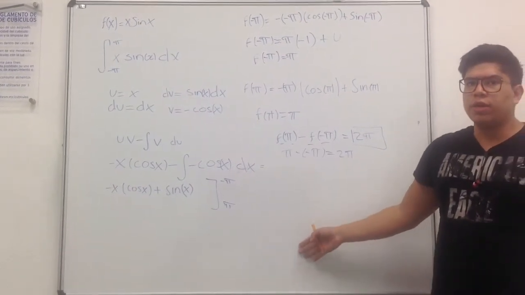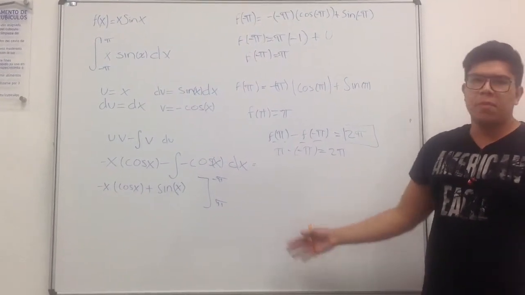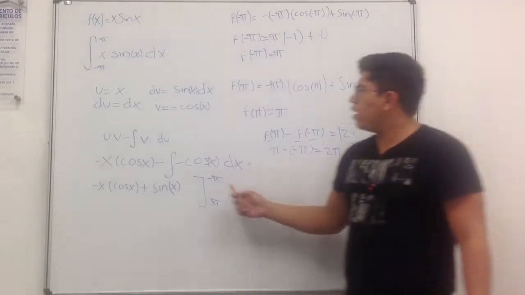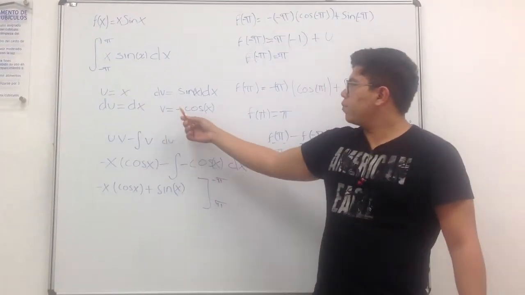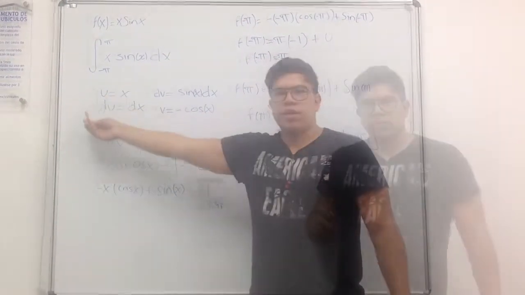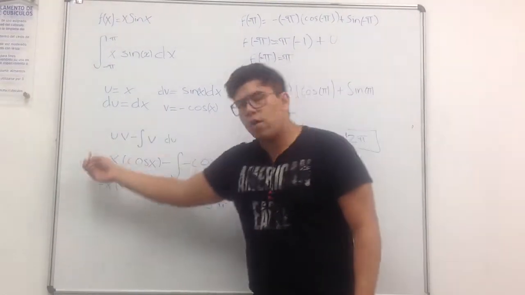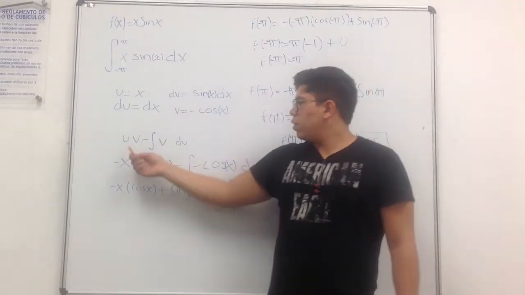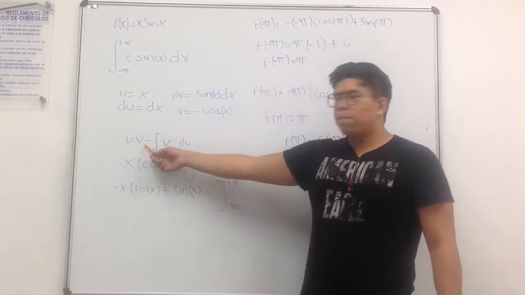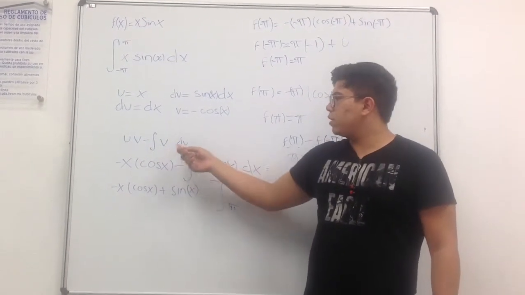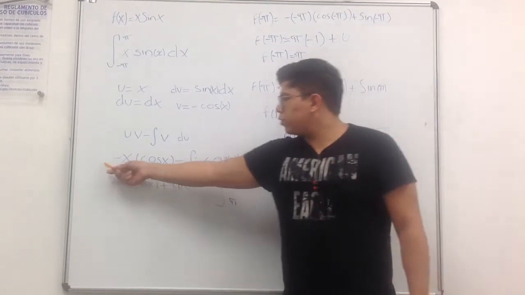In this case we apply integration by parts, in which we have to define our u, our v, dv and du, which are here. Now we use the formula of integrating by parts, which is u times v minus the integral of v times du, and we substitute our values.